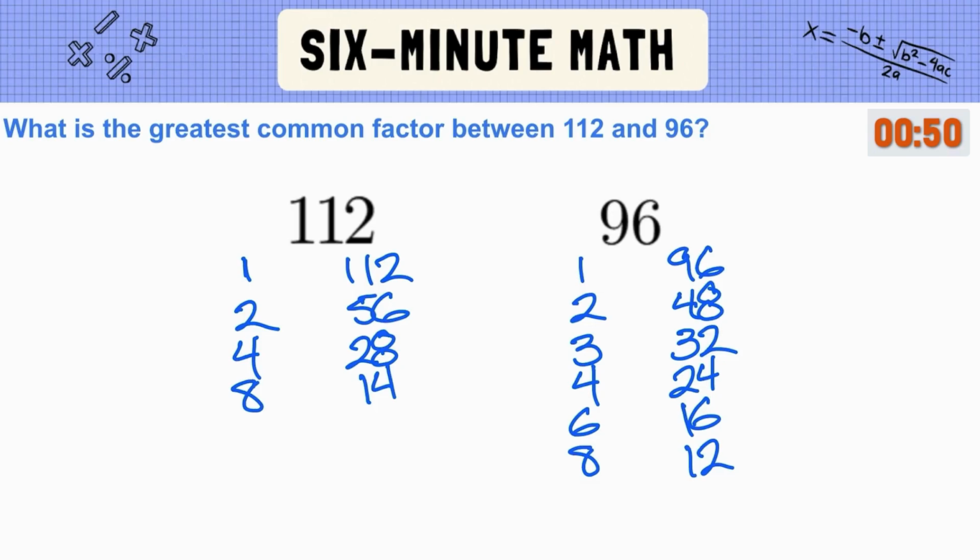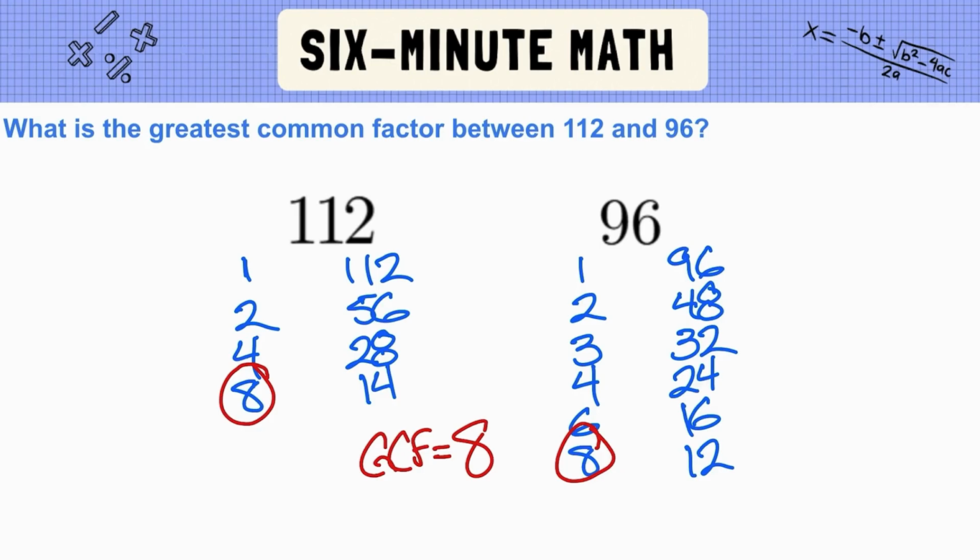I do a quick scan all through my factors to find that 8 and 8 is my greatest common one, making my greatest common factor 8. Those are all the examples we have today for finding the greatest common factor using a factor U.